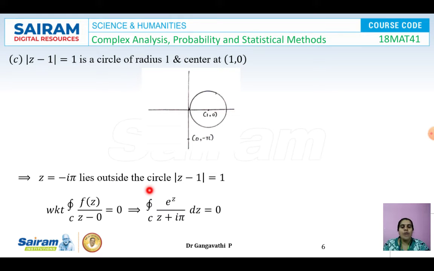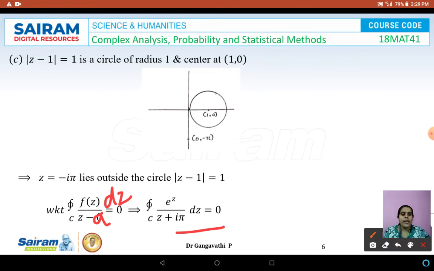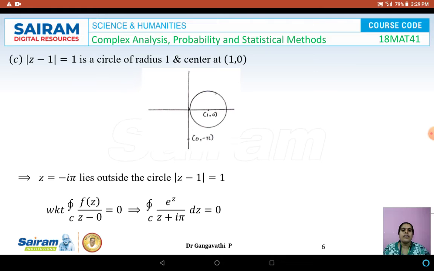That lies outside the circle. So mod z minus 1 is equal to 1 is not a circle which includes the point minus i pi. Therefore, we can conclude the integral over c of f of z by z minus a into dz is equal to 0. You can straight away write it as the point doesn't lie inside the given curve.